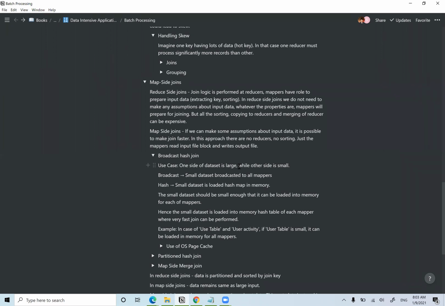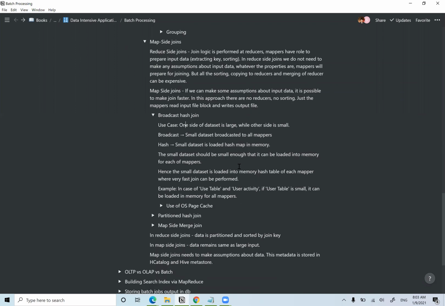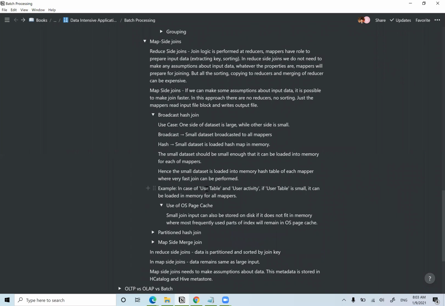One interesting thing which was mentioned in this book was that even if your data set is not small enough to fit in memory, still using the concept of page cache in the operating system, you can perform this broadcast hash join. This data could still be stored on disk, where the frequently used parts of your data set will be stored in page cache by your operating system.